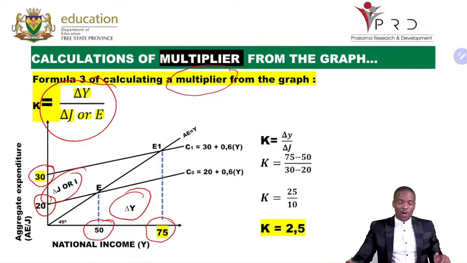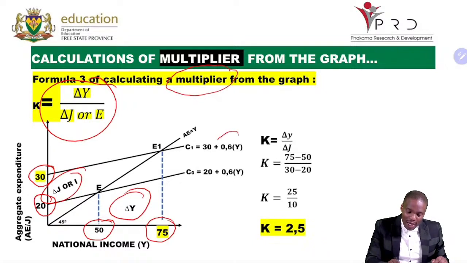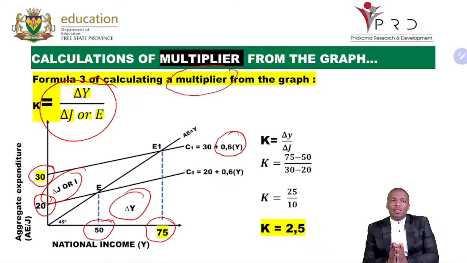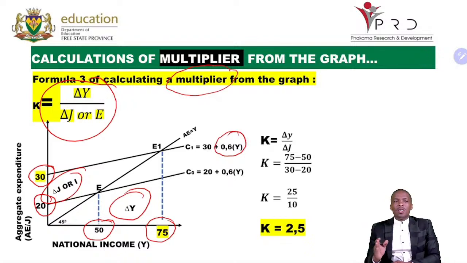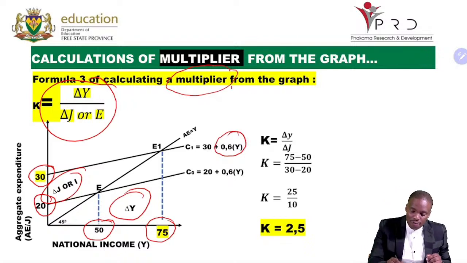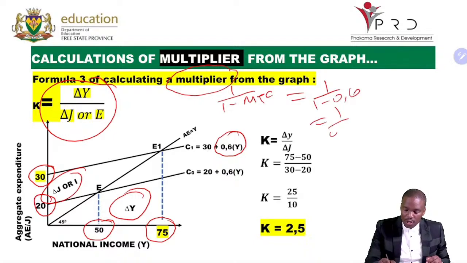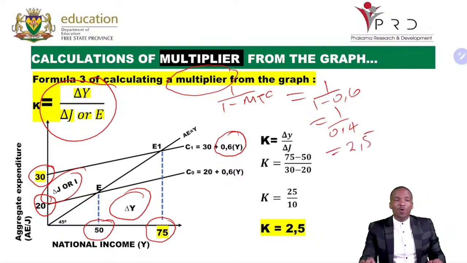So in the very same way, I remember that the value next to y is my MPC. Let me just calculate to see what I'm getting for my MPC. You remember for the multiplier, 1 over 1 minus MPC, which is equal to 1 over 1 minus 0,6, and then you got 1 over 0,4, then your answer was 2,5.